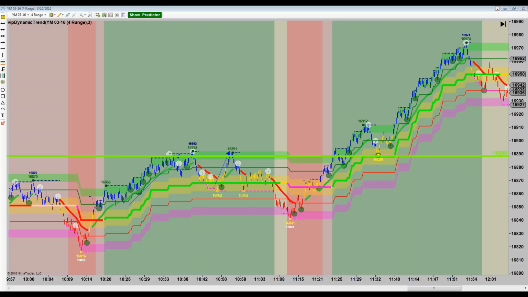Here's a good example right here where we see that this was a prior swing area. If we had noticed that on our chart, we could have put a line here. And then when the market thrust up through this level, like such, where might we have expected a pullback to find support? Look at that.